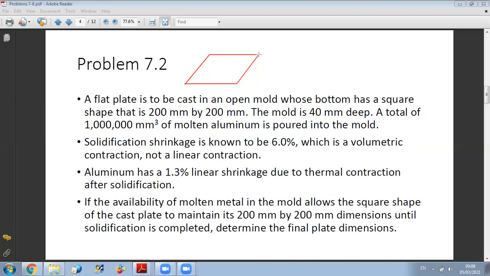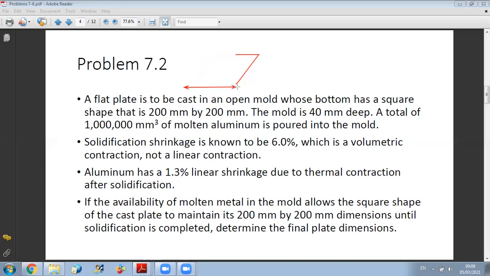Now, during the liquid shrinkage, they told us that since we have availability of molten metal, this will allow the square shape of the cast to maintain its 200 millimeter by 200 millimeter. So what they mean by this is that reducing in dimensions during the first stage will be just a reduction in height because the base will maintain its dimensions.